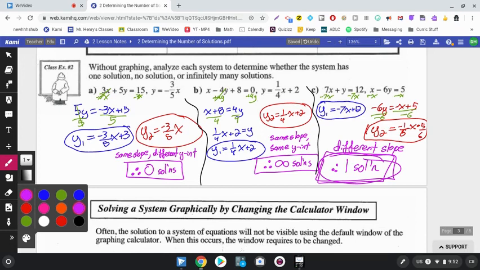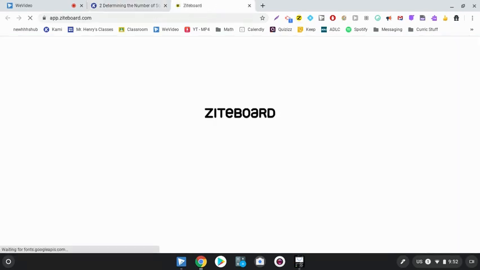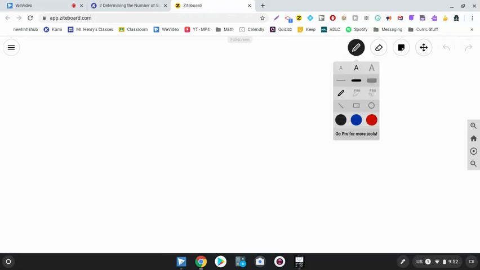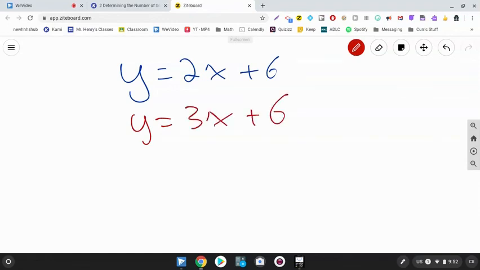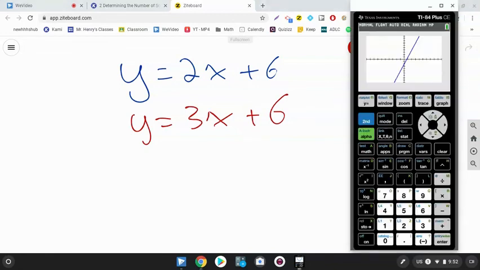So I'm just going to cook up a quick example of that because we didn't have one. If I had lines like y equals 2x plus 6, and my other one was y equals 3x plus 6. You might say, oh, maybe that's not one solution because the intercept is the same. Well, no, the slopes are different.